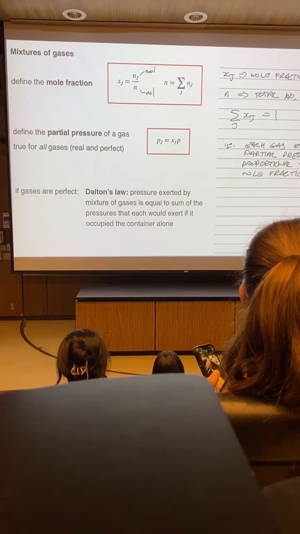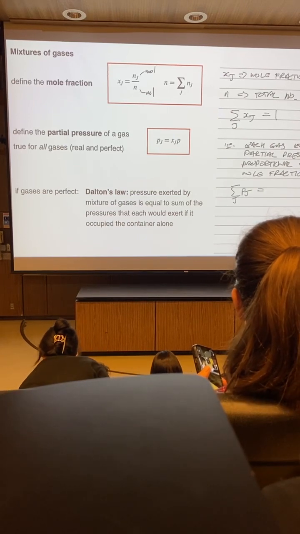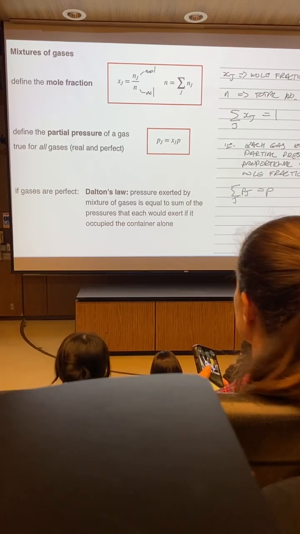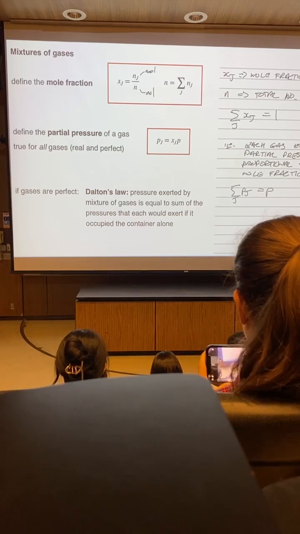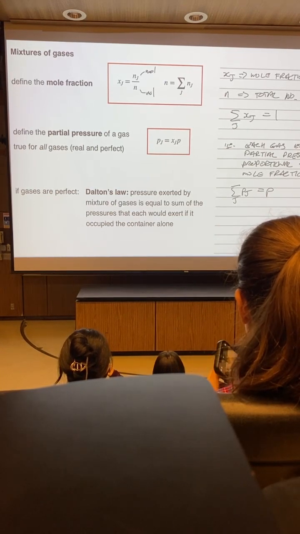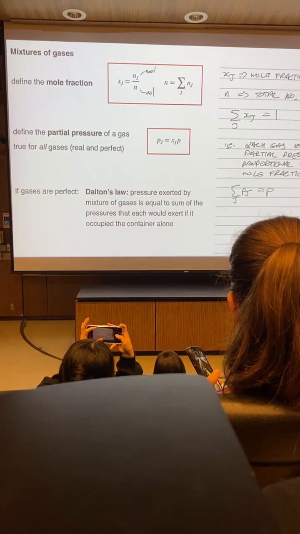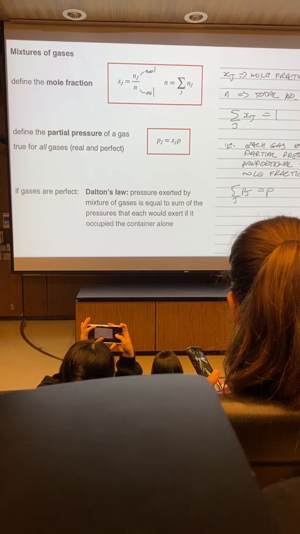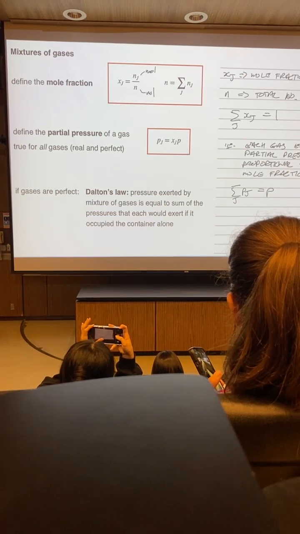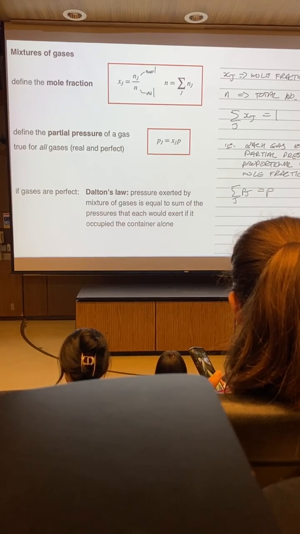And if you sum up over all of the partial pressures, well, that's going to get me to the total pressure. So however many gases I have, I sum up over all of the individual ones, and that's the total pressure. And this is going to be true for all gases, this definition of the partial pressure. It works for real gases, it works for perfect gases as well. Right? The partial pressure is just defined as this mole fraction multiplied by the total pressure.